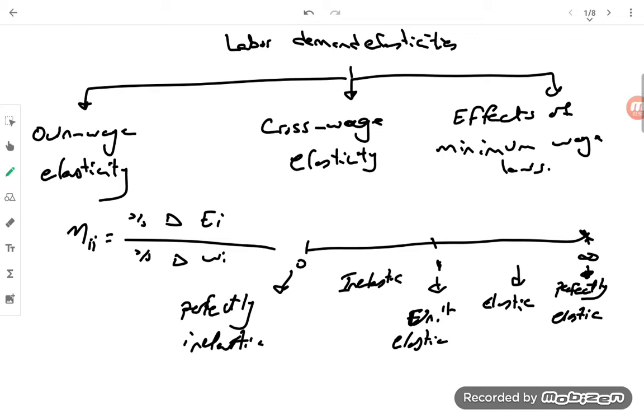Also, we talked about Hicks-Marshall laws of derived demand. And as we said, the own wage elasticity is going to be higher under four different conditions.